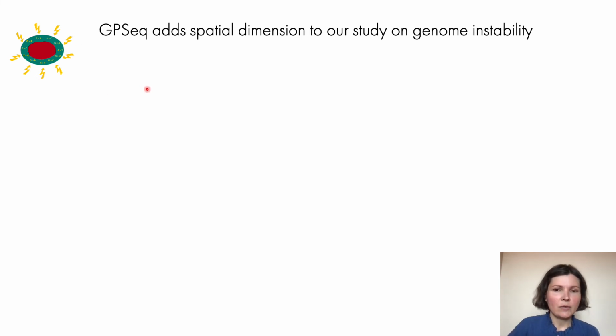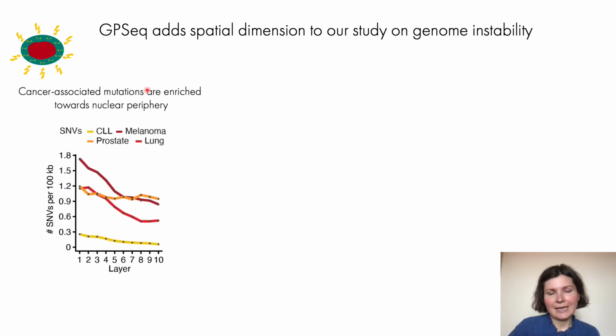And so to address this, we looked at the radial distribution of SNVs, single nucleotide variants found in different cancer types, and basically looked for their density in different radial layers, and we could indeed see that they do accumulate, they are enriched at these peripheral layers in comparison to the more central ones, especially pronounced for cancers such as melanoma or lung cancer.